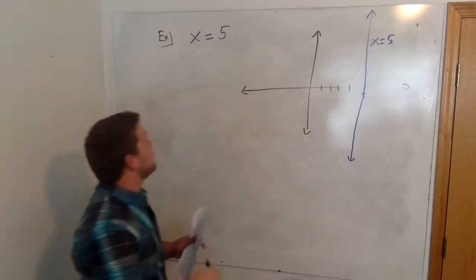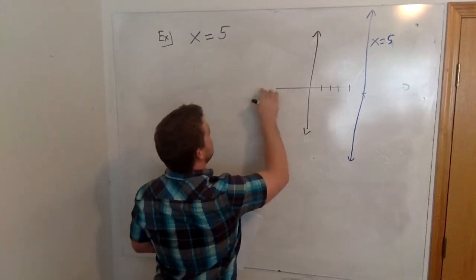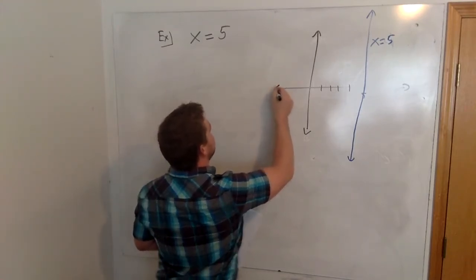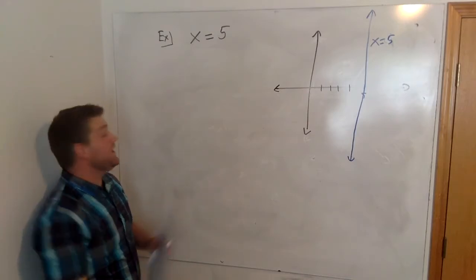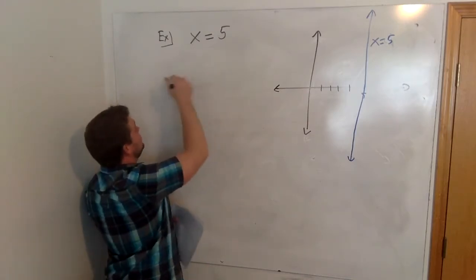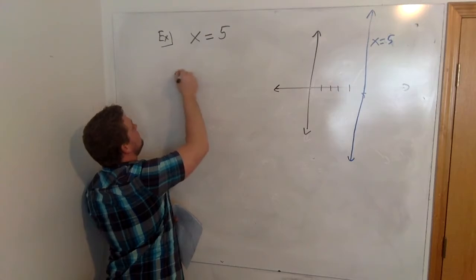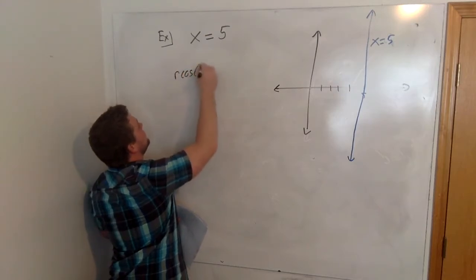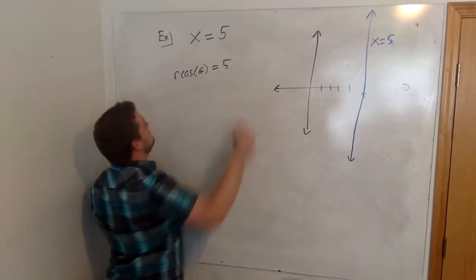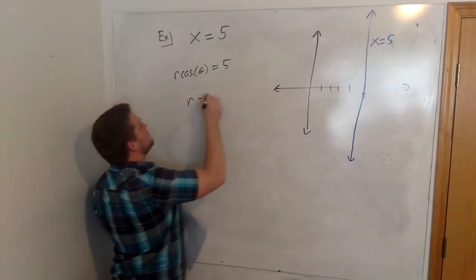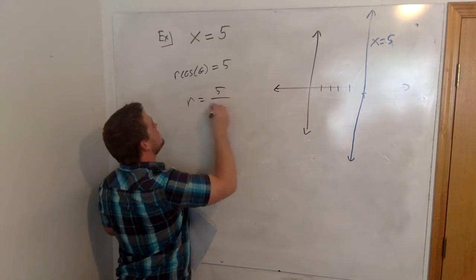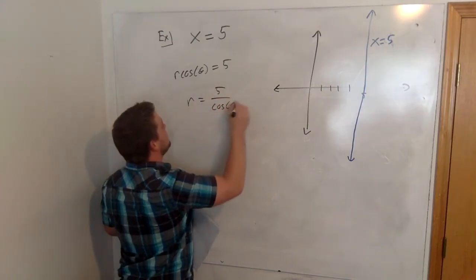Okay, let's go ahead and write this in polar coordinates. If you'd like, you can pause the video and give it a shot on your own. Okay, so this would just be simply writing x as r cosine of theta equal to 5. We could divide both sides by cosine, so r would be equal to 5 over the cosine of theta.